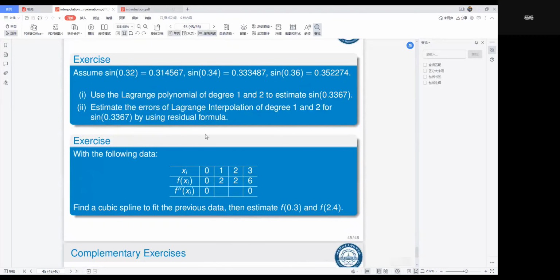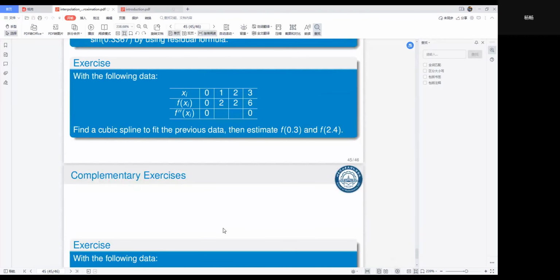You also have to finish these 3 exercises together with the exercises of chapter 1. That is homework 1. Clear?